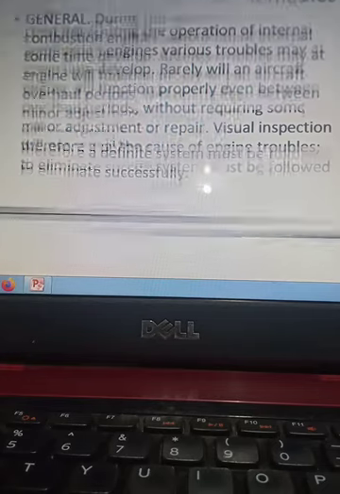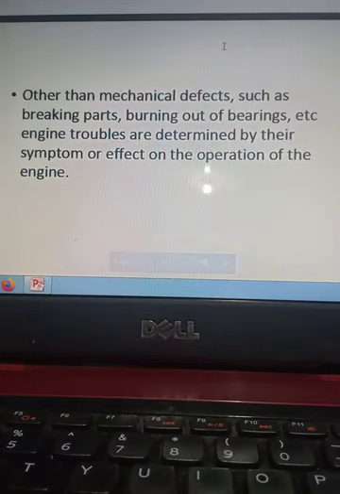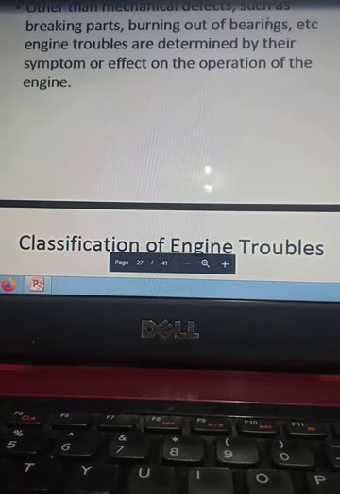Okay? Then, other than mechanical defects such as breaking parts, burning out of bearings, etc., engine troubles are determined by their symptom or effect on the operation.